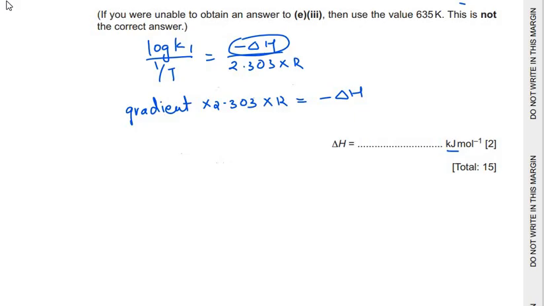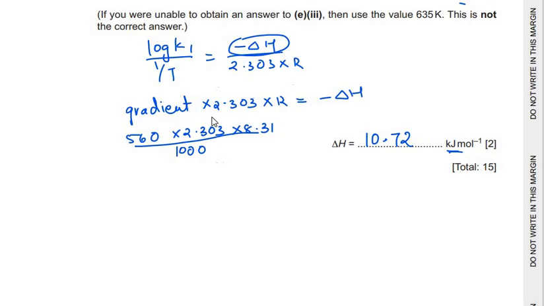So if we substitute all the values, it is 560 into 2.303 into 8.31, that's the value of R. And also remember, the value of R is in joules per Kelvin per mole, but we want our answer in kilojoules, so again we'll have to divide it by 1000. So let's substitute the value and find out. And so our value is 10.72 kilojoules per mole. So this is how we calculated.